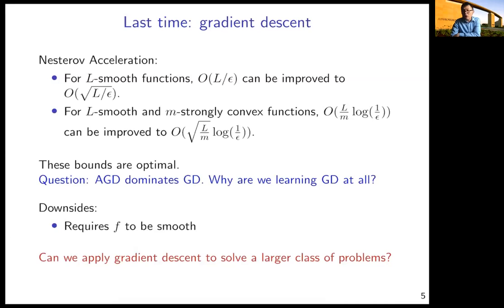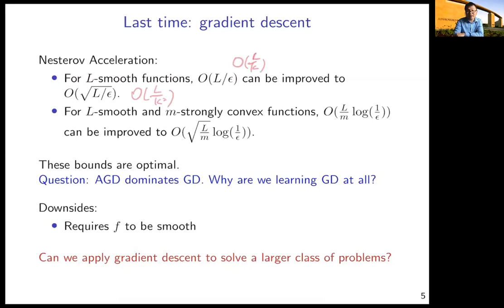So for L smooth functions, there is an algorithm called Nesterov accelerated gradient descent that can achieve faster iteration complexity by taking a square root of L over epsilon. So in some sense, gradient descent converges at L over k, and the accelerated gradient descent converges at L over k squared. Okay, so that can be a lot faster than simply taking L over k.